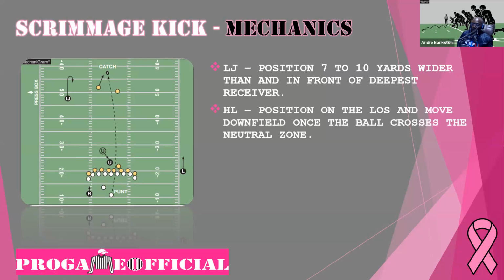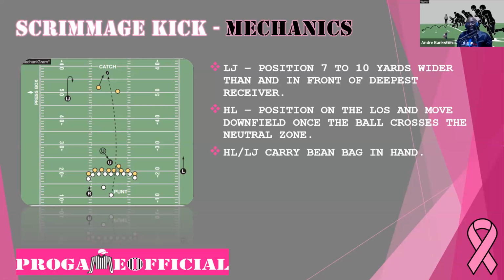Head linesman, you're on the line of scrimmage, and you don't leave that line until the ball crosses the neutral zone. So if it's a blocked punt, you're there. If they change it into a run play, you're there. And guess what?